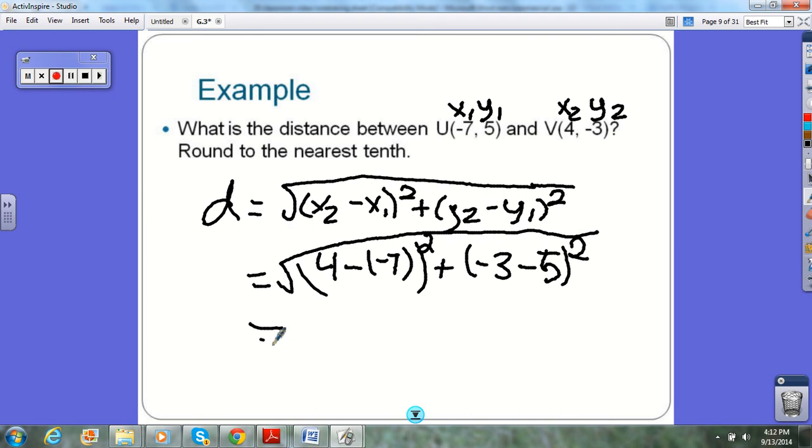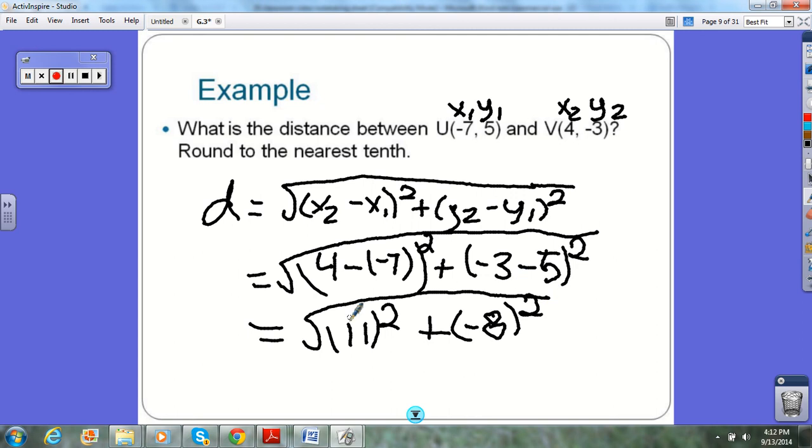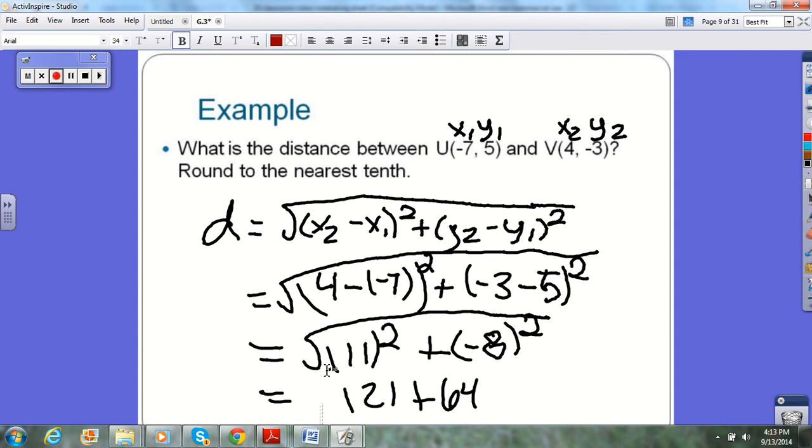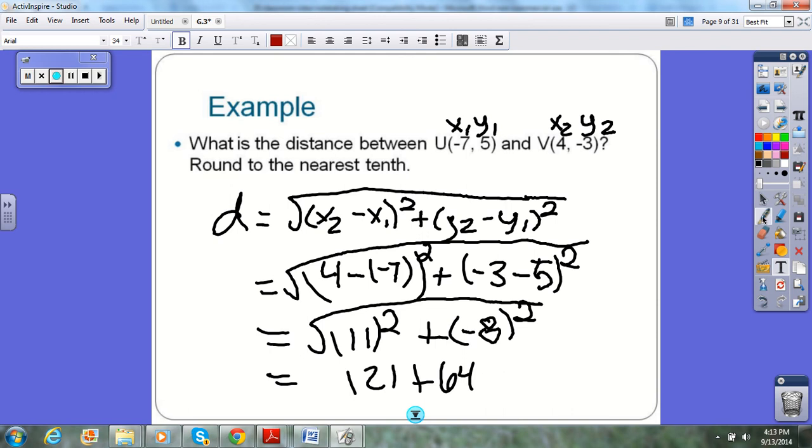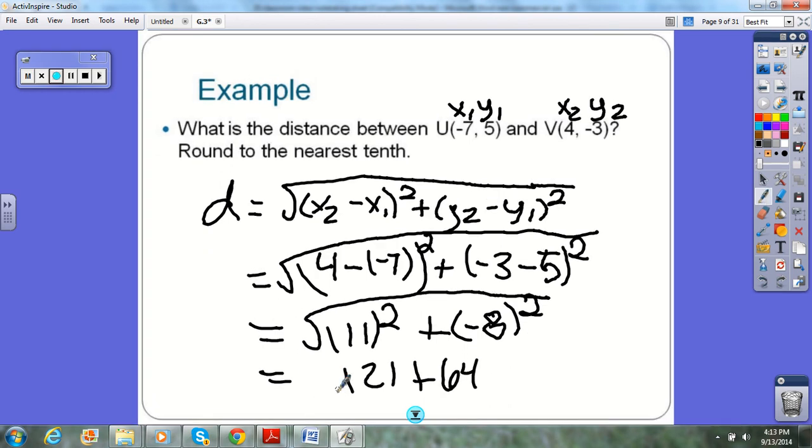So we know inside 4 minus negative 7 is going to be 11 squared plus negative 3 minus 5 is negative 8 squared, square root. So still simplifying, we know 11 squared is 121 plus 64, and then we can take the square root of that.